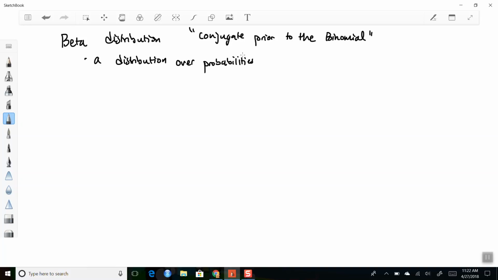Okay, so probability P must always be between what numbers? You get some probability, the probability of an event, it's always between 0 and 1, okay? And the beta distribution, being a distribution over probabilities, is defined only on that interval from 0 to 1.